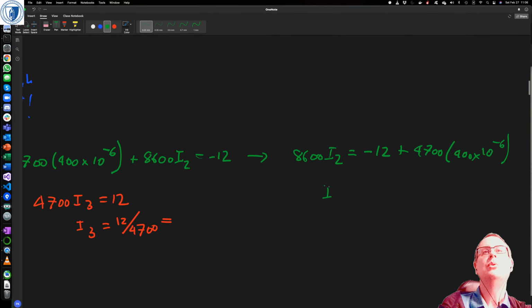So I2 equals minus 12 plus 4700 times 400 by 10 to the minus 6 on 8600.